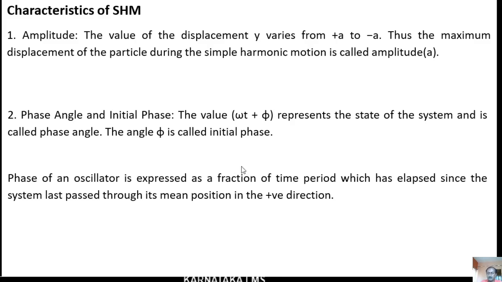Suppose at t equals 0, the particle is at y equals y naught. Then the equation becomes y naught equals a sin pi. This is about the phase angle and initial phase.